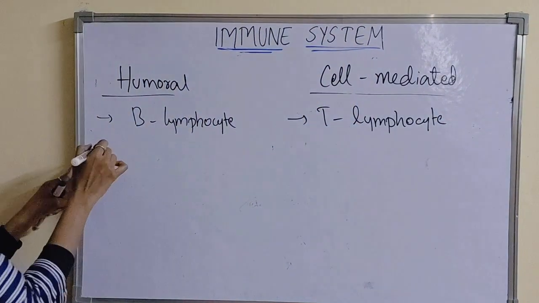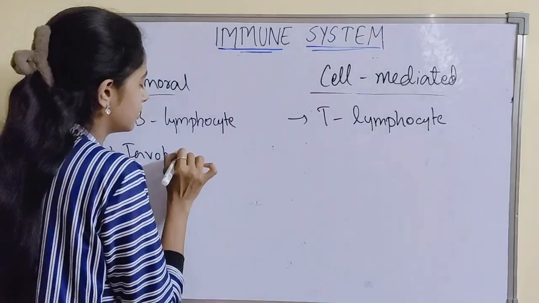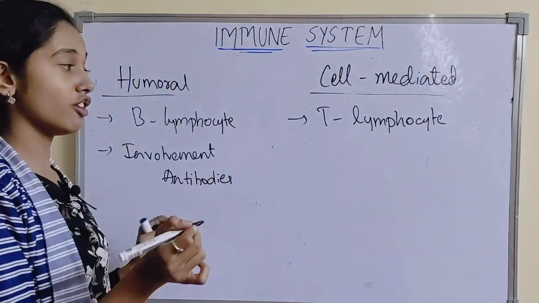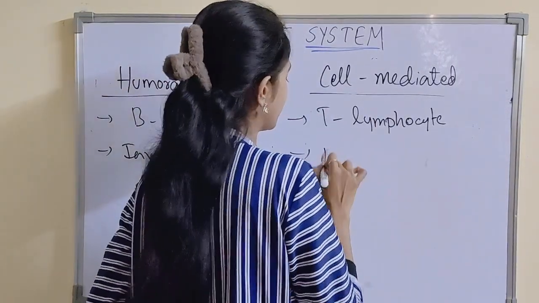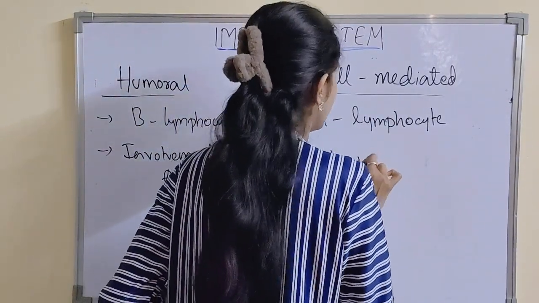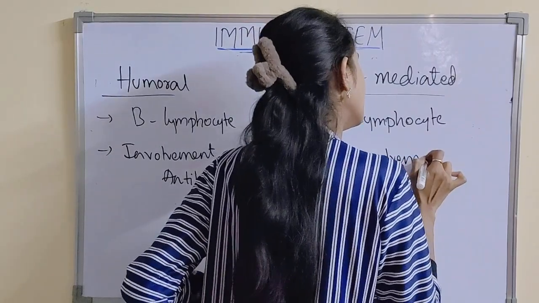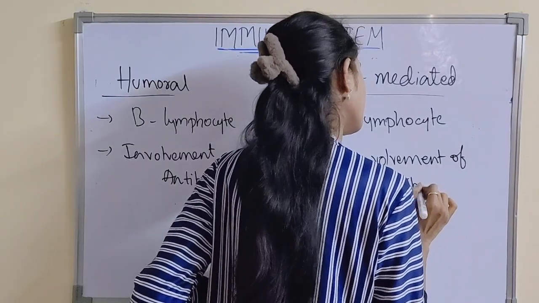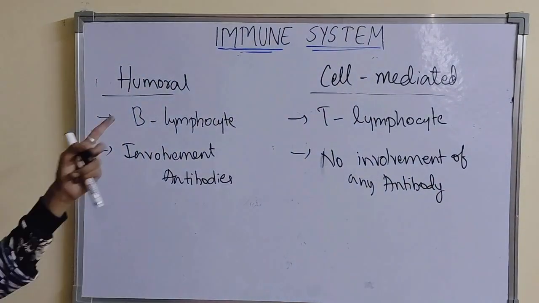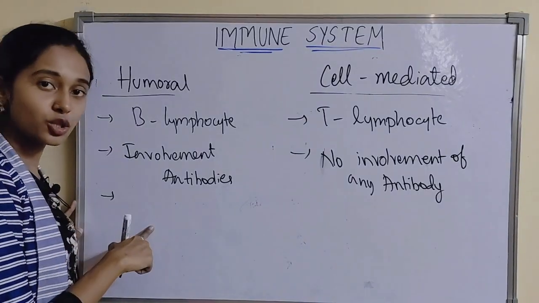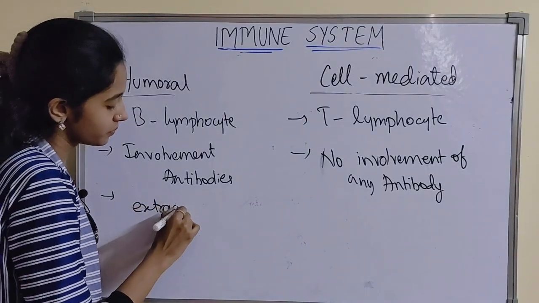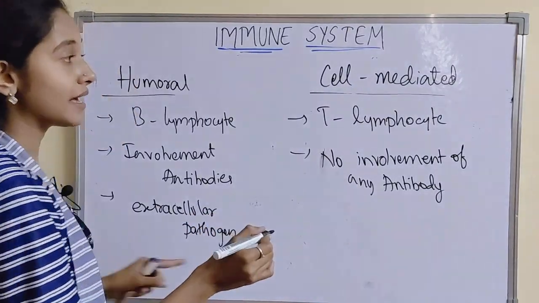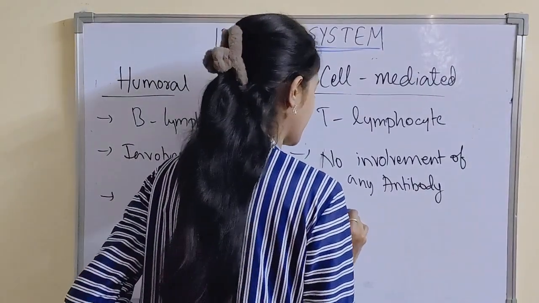And here we see involvement of antibodies, but there is no involvement of any antibody. So there are the two differences, and the third is that humoral is crucial for extracellular pathogens, whereas cell mediated is crucial for intracellular pathogens.